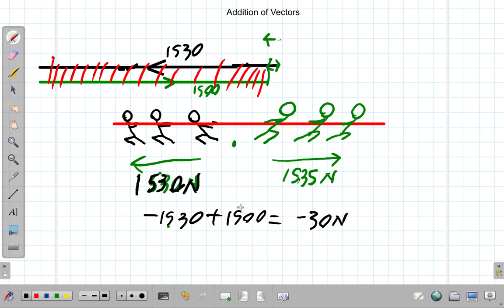So what you will get now is negative 1530 plus 1535, and you're left over with a positive 5 newtons acting to the right. So the 1530 and the 1530 will cancel each other, but there will be a 5 newtons left over. And then the green team pulling to the right will win this competition.